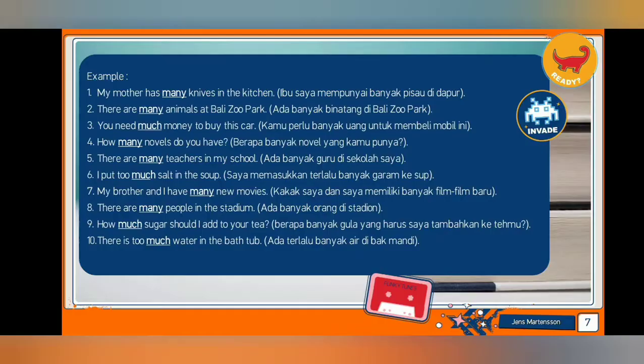So in here I have a note. Many is used for countable nouns. For example, a pen, a book, a car, etc. And much is used for uncountable nouns, like sugar, money, hair, etc. The next, I have some examples about how to use much and many.